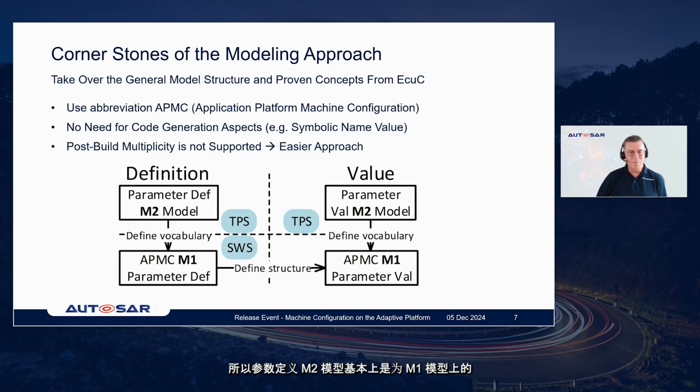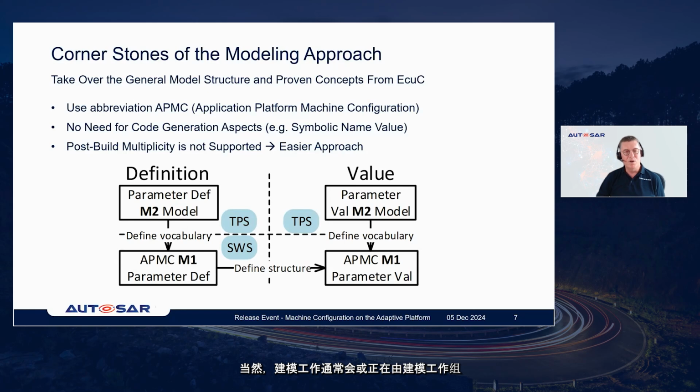So the parameter definition M2 model is basically defining the vocabulary for the parameter definition on M1 model. And the parameter definition on M1 model is what typically ends up in the chapter 10 of an SWS document for a specific functional cluster. So this part is more or less in the responsibility of the working groups who do the functional cluster design.